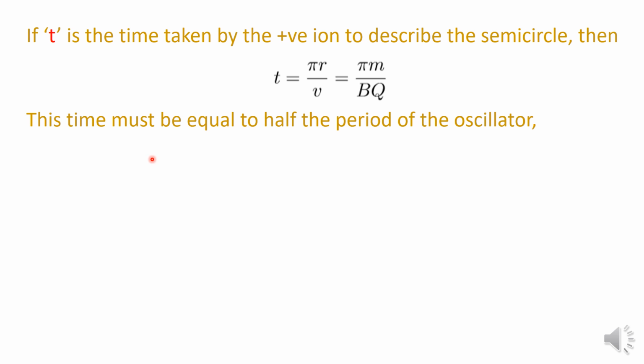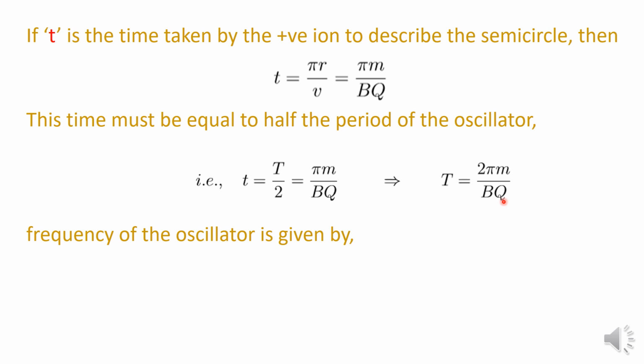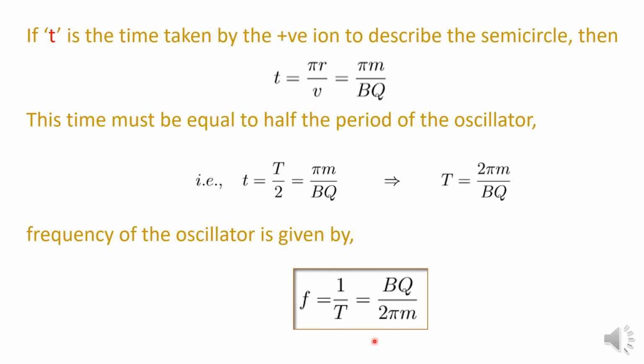And this time must be equal to half the period of the oscillator. Then only acceleration of the charged particle is possible. Therefore, let us equate t to capital T by 2. So capital T by 2 must be equal to pi m by b times q. Therefore, the time period is given by 2 pi m by b into q, and therefore the frequency of the oscillator must be equal to bq divided by 2 pi m.